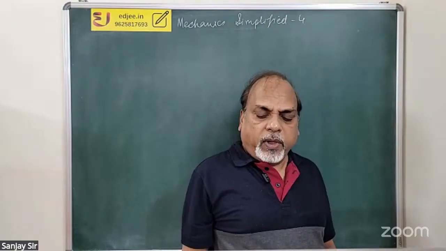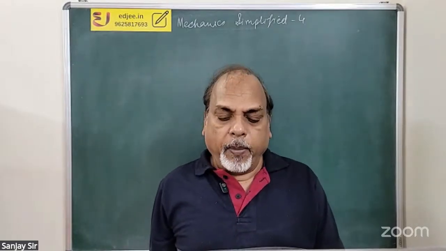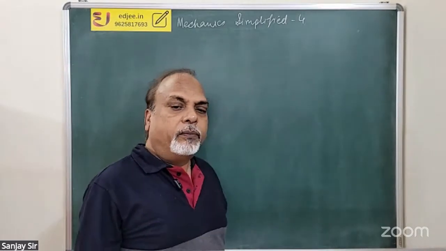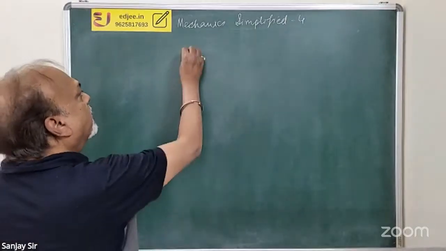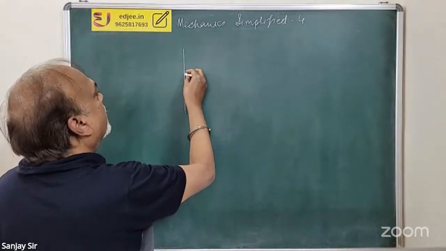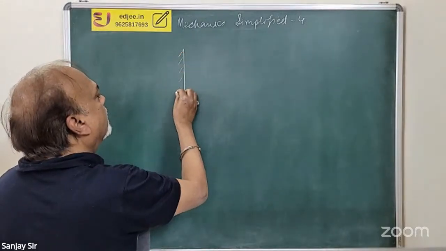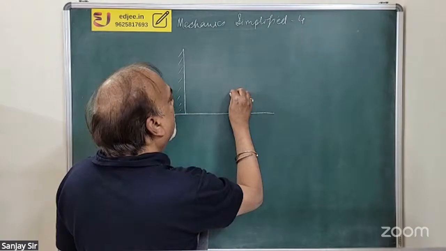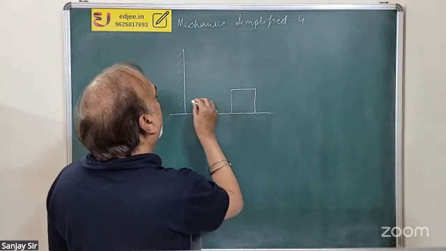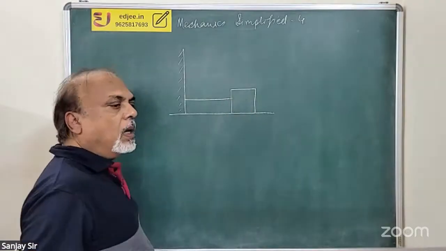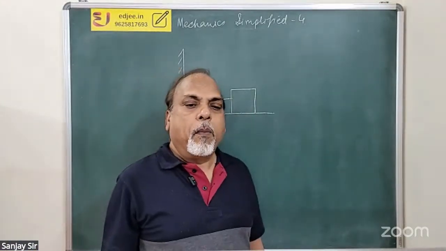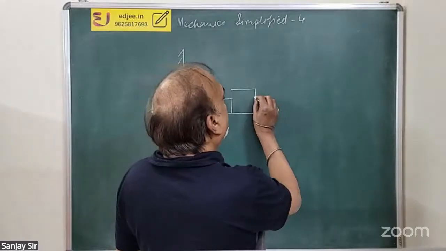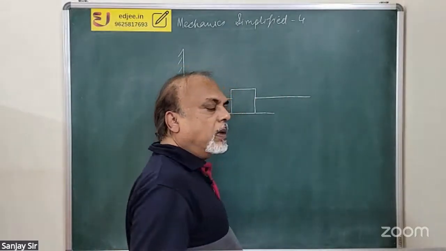तो चलो, आज फिर हम लोग कुछ मैकेनिक्स की प्रॉब्लम देखते हैं। कुछ डिफरेंट टाइप की प्रॉब्लम देखते हैं। Suppose you have a wall, and one block is attached with the string, then another string is there.